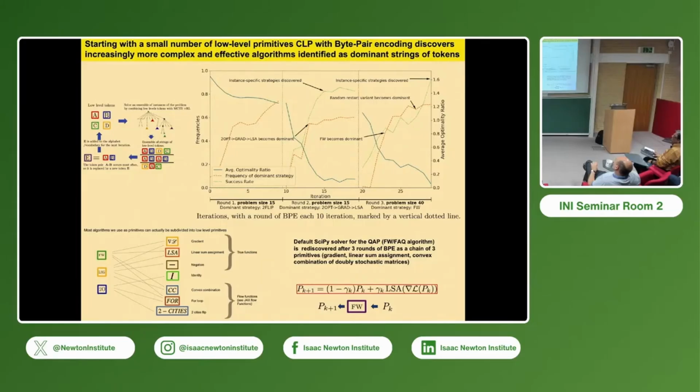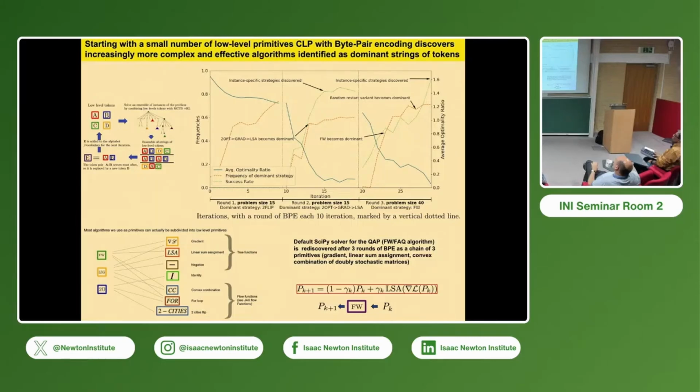Starting with this very small number of low-level primitives, this framework with byte pair encoding is going to discover increasingly more complex and effective algorithms, identified as dominant strategies or dominant strings of tokens. So this is what this plot is showing you. I'm going to unpack it a little bit.